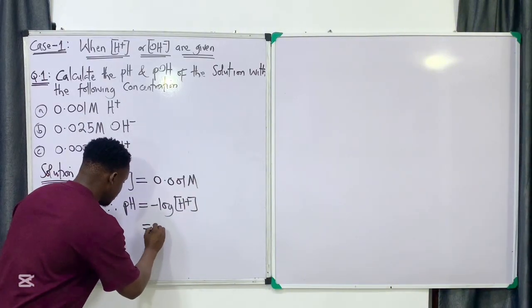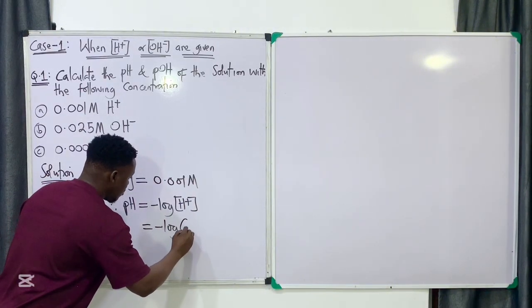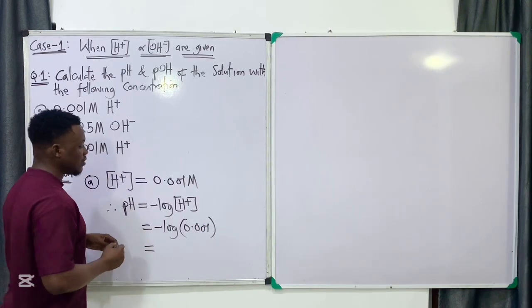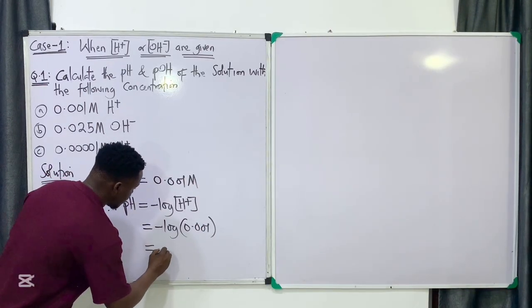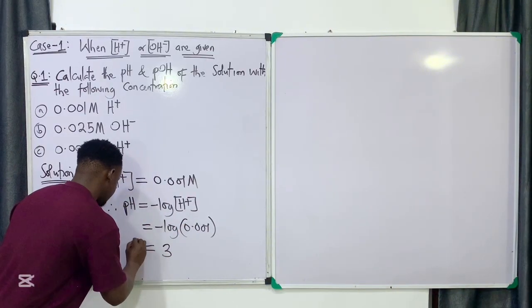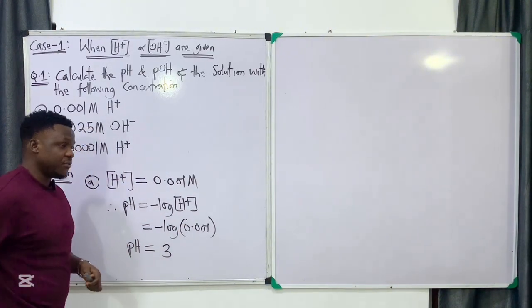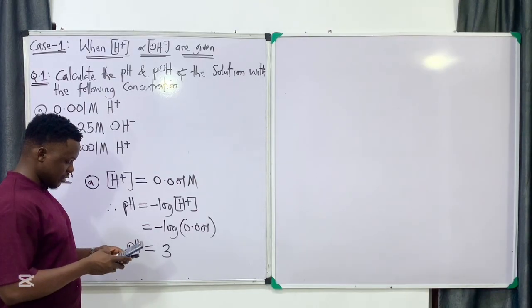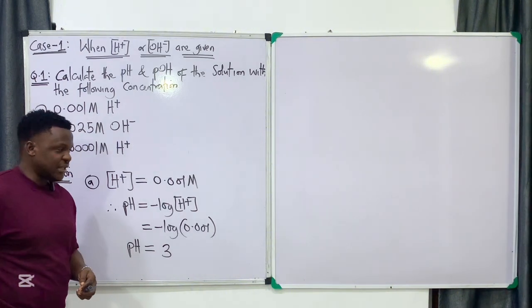So this becomes equal to negative log 0.001. If you press the calculator, your pH is going to give you 3, right? Negative log of 0.001. So that is the answer to that question.